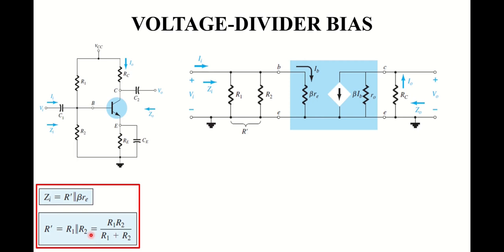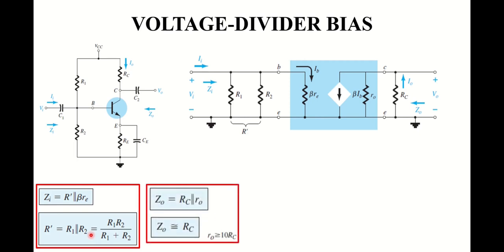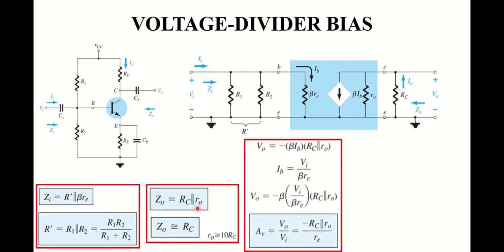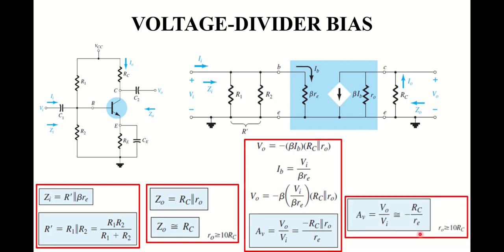Therefore, Z0 is equal to RC in parallel to R0 and AV is equal to minus RC in parallel to R0 divided by Re. But if the condition R0 greater than or equal to 10 RC is satisfied, then Z0 becomes equal to RC and AV becomes equal to minus RC over Re, as shown here.